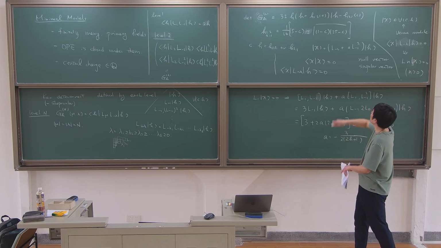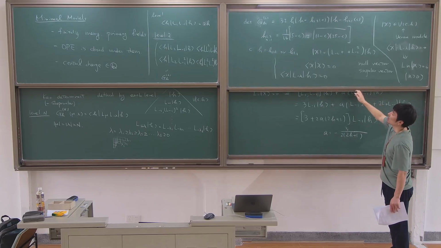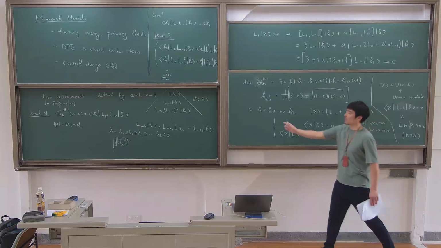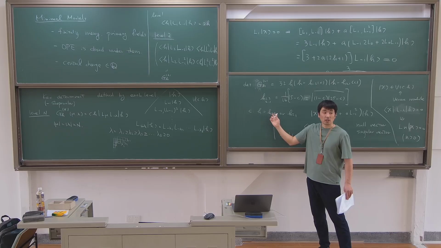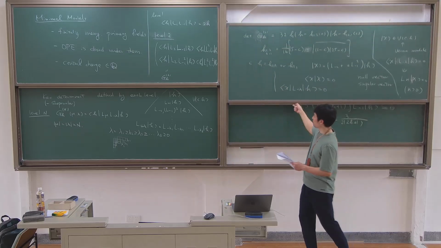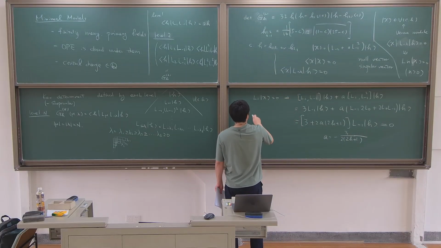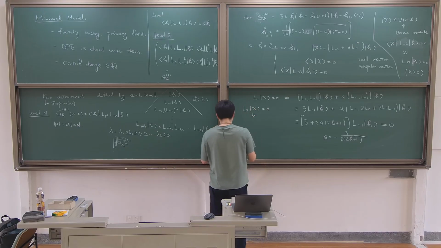What we learn from the Kac determinant is that h has to take a particular value, h_{1,2}. To do that, we use the fact that L_2 chi is equal to 0. Then we can use the following commutation relation.